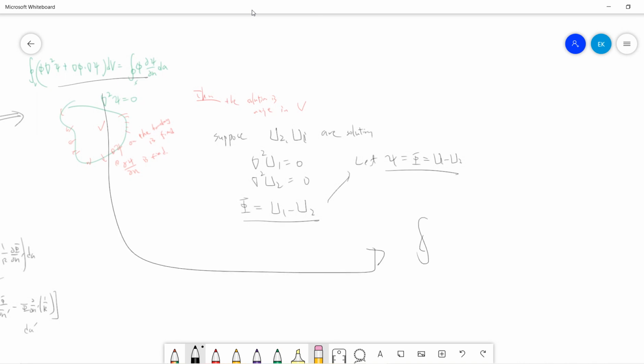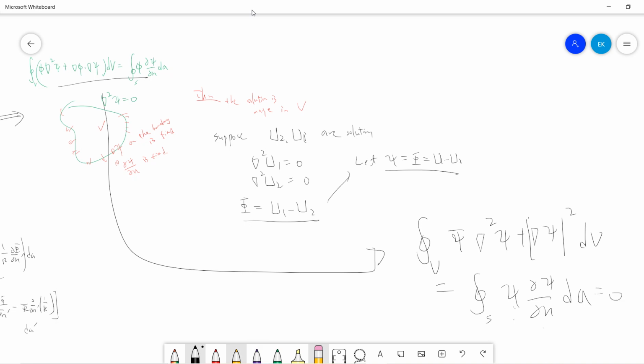Now up to now we have the volume integral of grad phi squared dV equals the surface integral of phi partial phi partial n dA. Either phi is 0 or partial n is 0 on the surface, so we get 0.